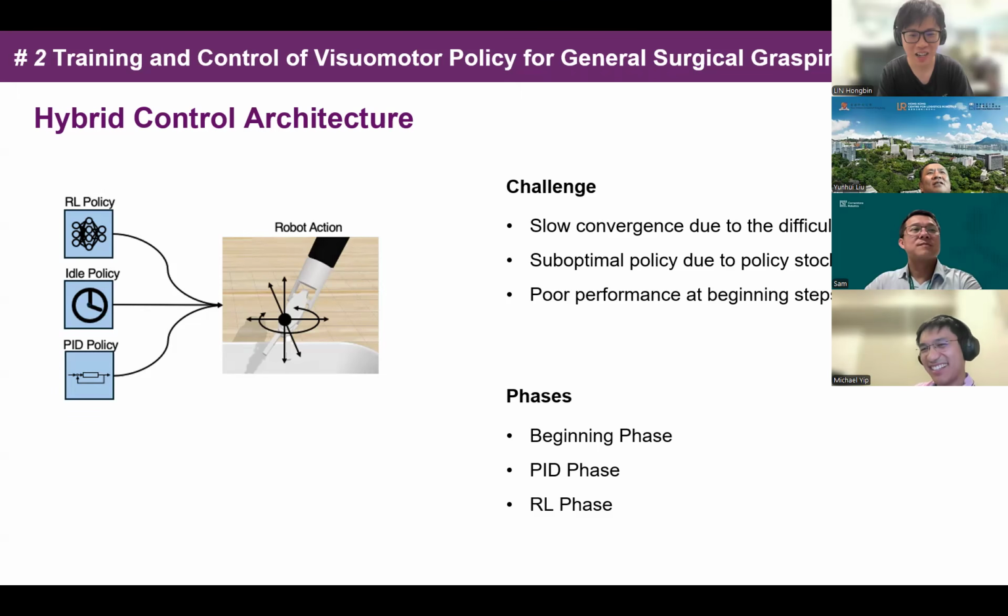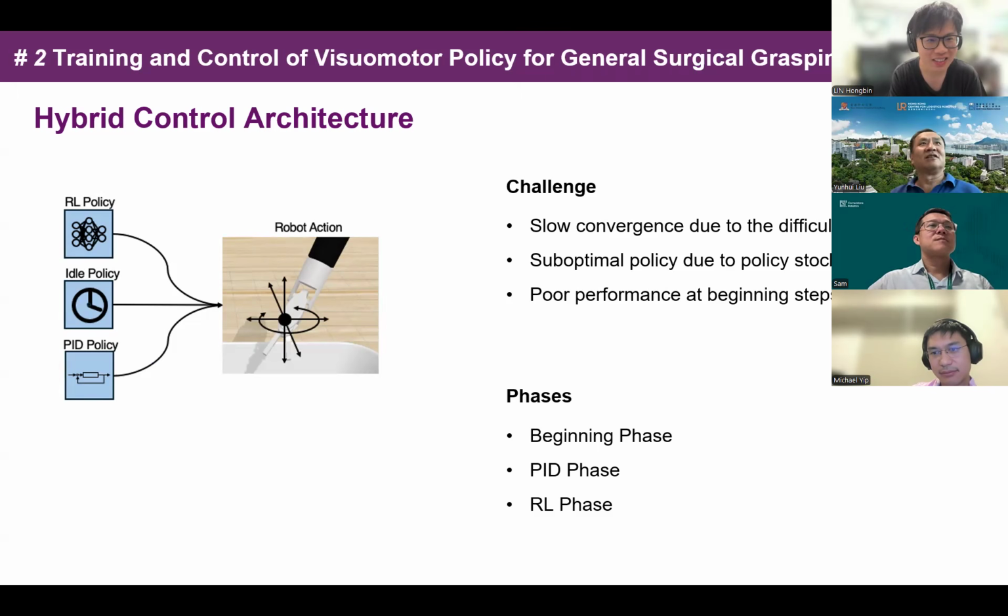Sorry, I don't have too much background on the control theory. I suggest you do not use this term, because hybrid control usually means position and force control. Okay, yeah, thank you for the suggestion.